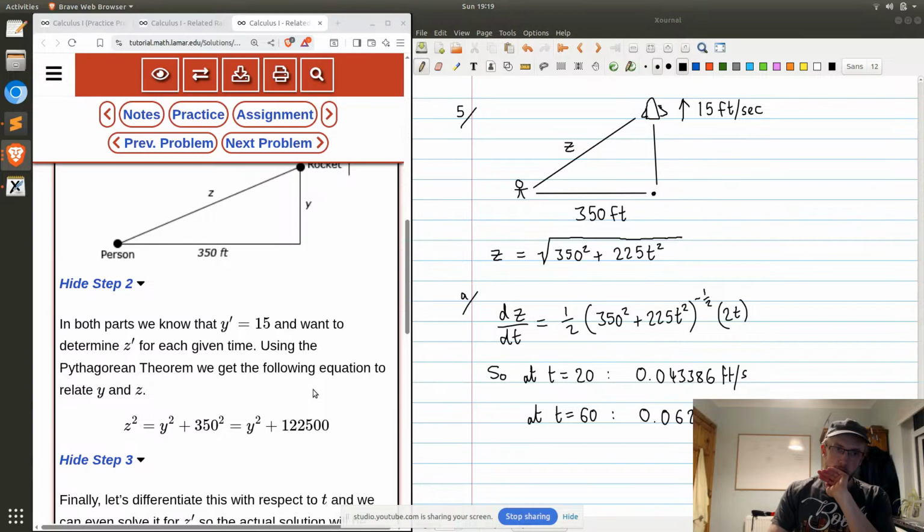Okay, so that's true. They agree about that. But why can you not just do dz by dt?